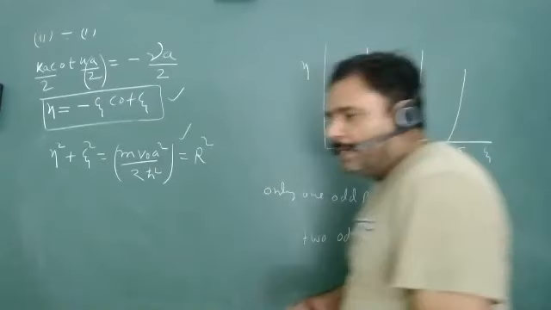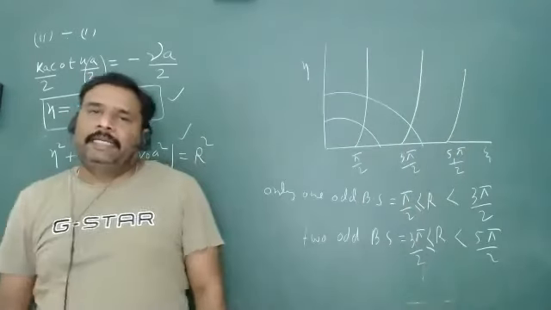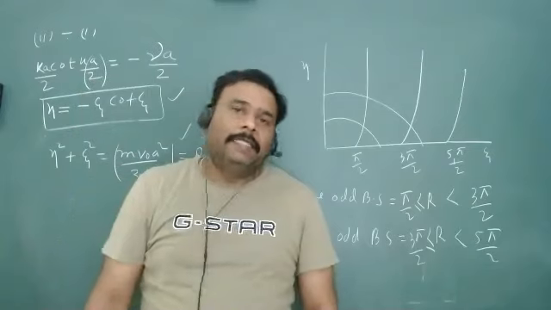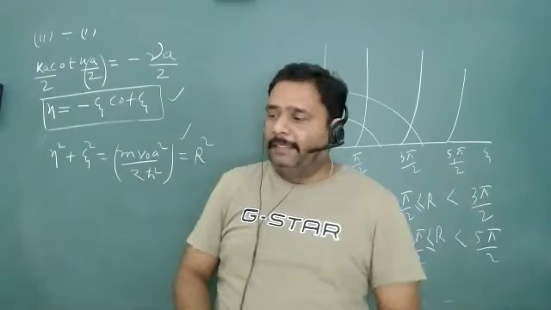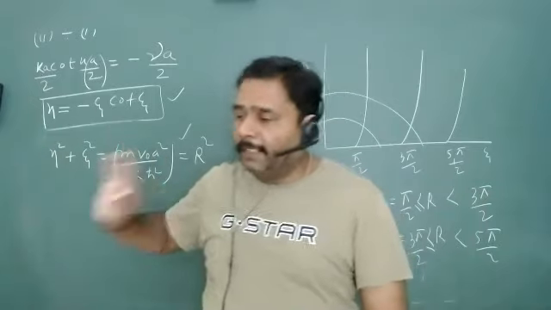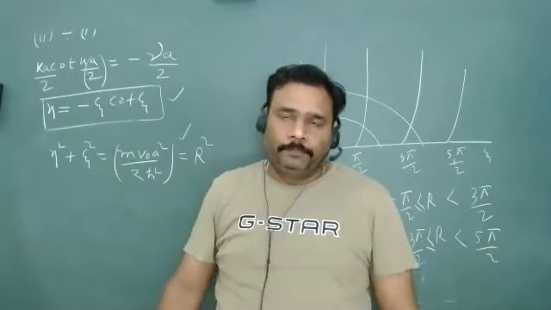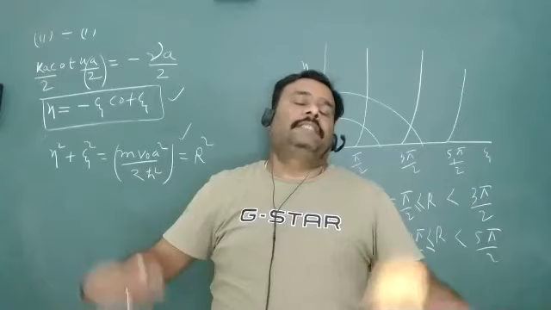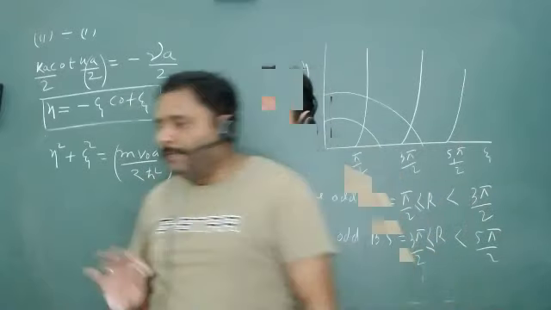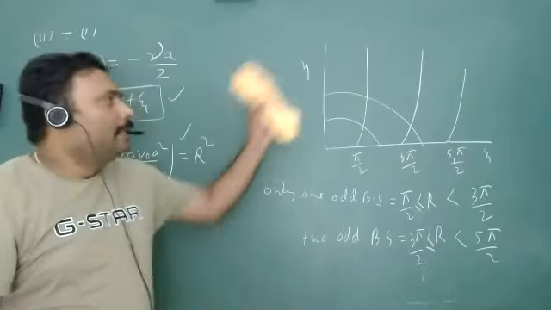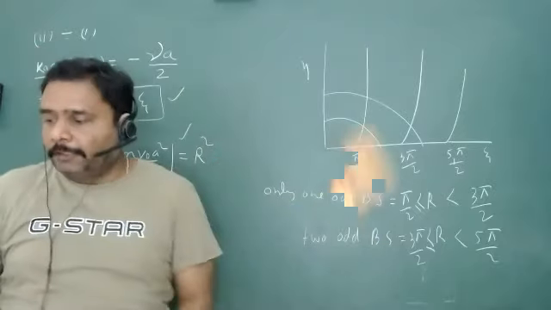So you can talk about odd states and even states separately. But don't worry, in the examination, they will not ask you to tell about odd states separately, or even states separately. No, you have to analyze the whole system together. If you have any doubt, you can just ask me. Otherwise, I will give you the complete solution.